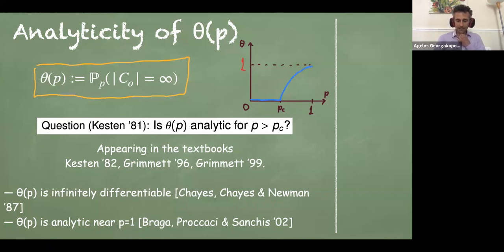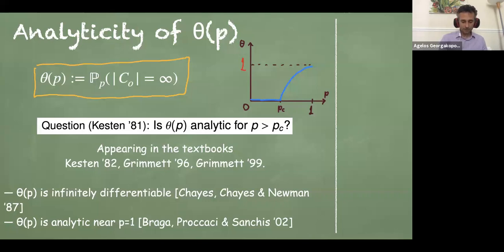All right, and we can again ask, is theta analytic in this branch, or can we find a phase transition there? This was asked by Kesten in the early 80s, and it was back then, I suppose, among the best known open problems of percolation theory.